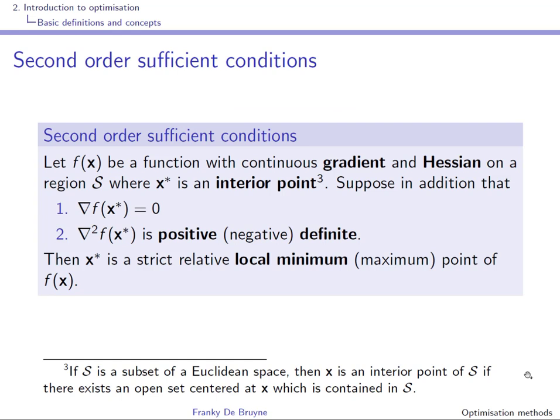In this slide you can see the second order sufficient conditions for a strict local minimum. You have seen these conditions previously in a slightly different format, but here we will use the concept of positive definiteness.